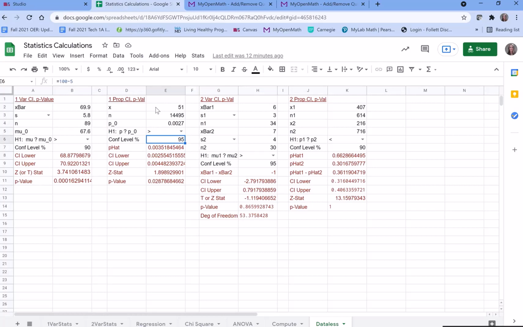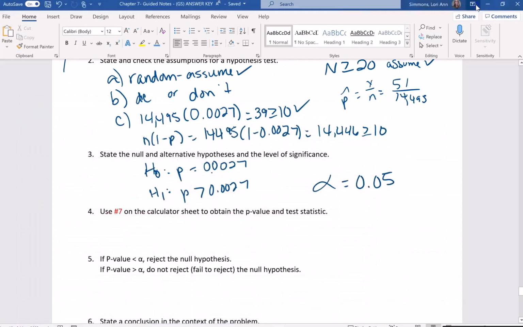Confidence level is 100 minus alpha as a percent, so 100 minus 5. So P hat, if you did 51 divided by the 14,495, you'd get this. We're looking for the test statistic, so 1.899 and then 0.0288 for the p-value.